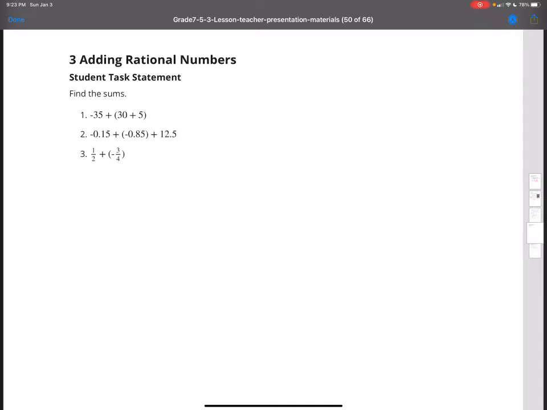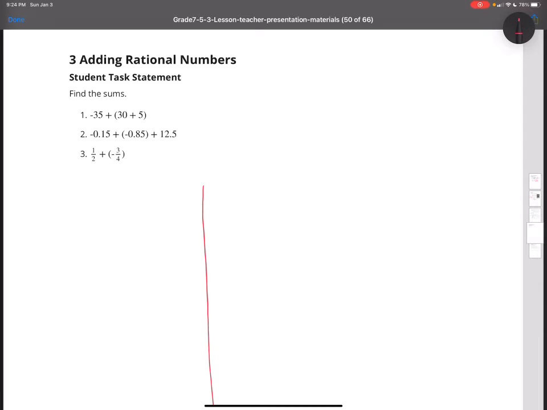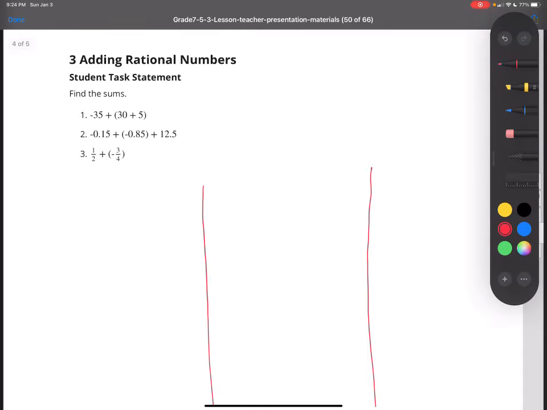What I always like to do is partition my paper into 3 sections, which I do by drawing 2 lines. Then I want to write my expressions in each section.